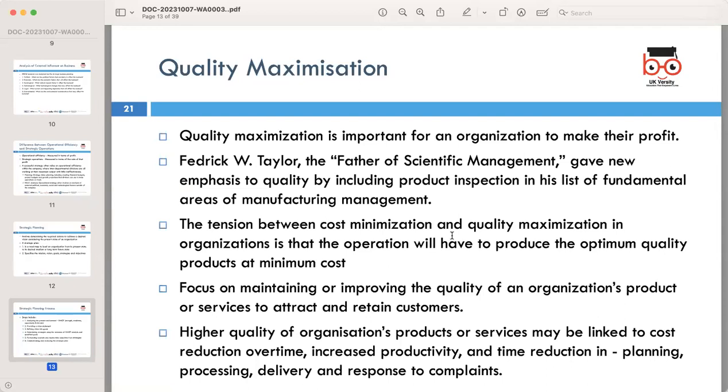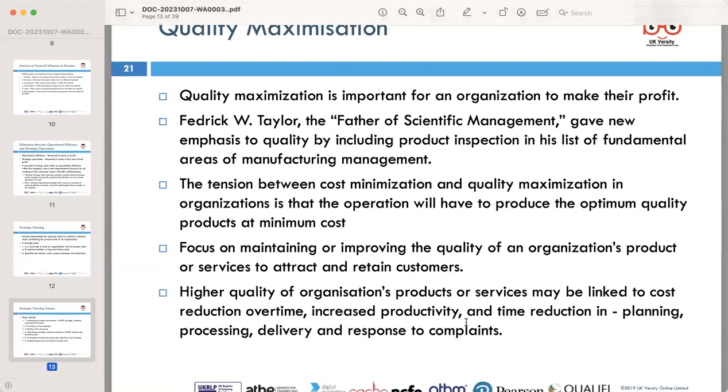Focus on maintaining or improving the quality of an organization's products or services to attract and retain customers. Higher quality of an organization's products or services may be linked to cost reductions over time, increased productivity, and time reduction in planning, processing, delivery, and response to complaints.